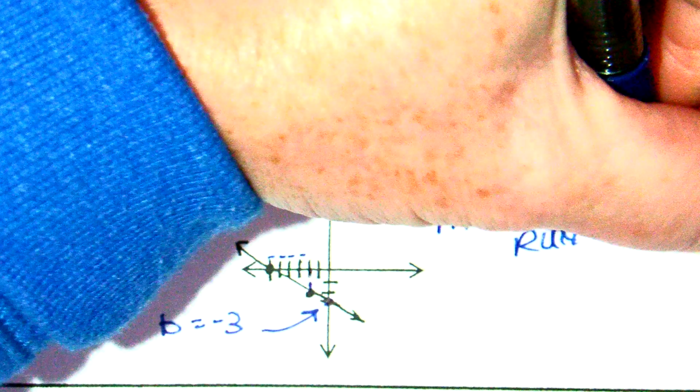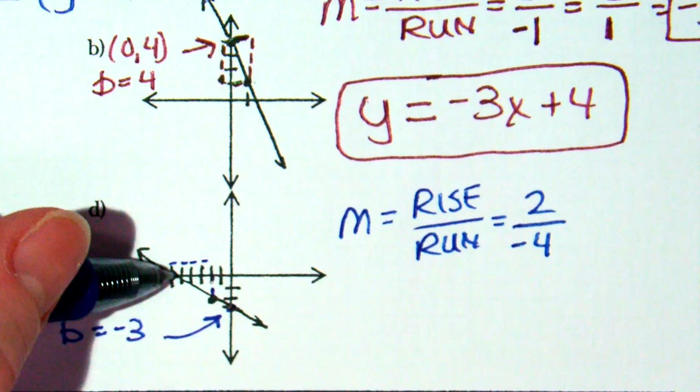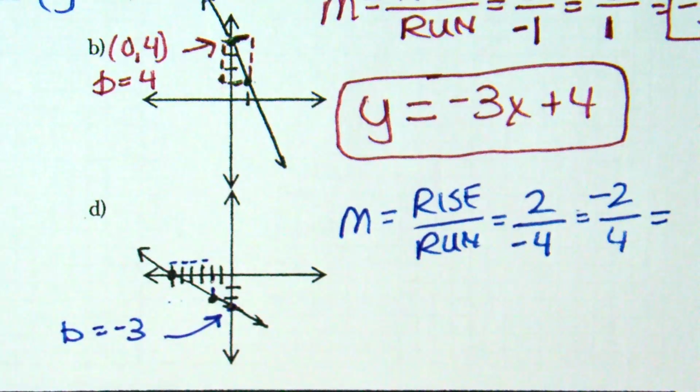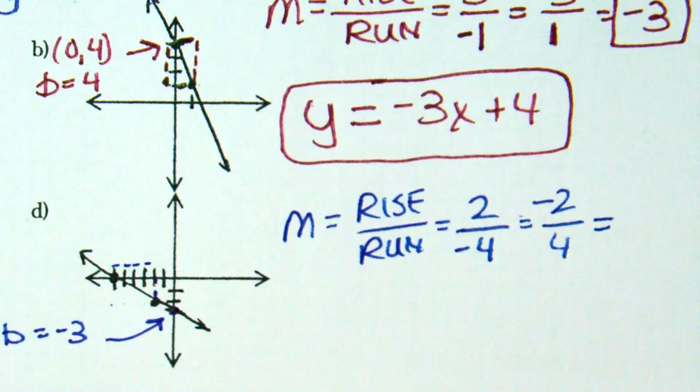The other plan there would have been to go down 2 and right 4. Well, guess what? If you went down 2, right 4, it's all going to come out the same, whether it's 2 over negative 4 or negative 2 over 4. What does that reduce to? Negative 1/2.